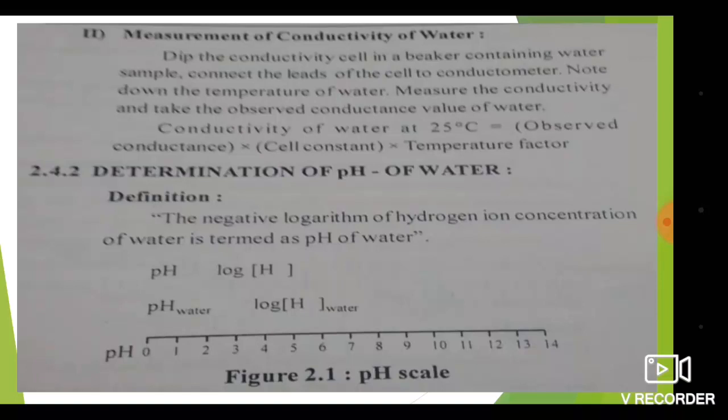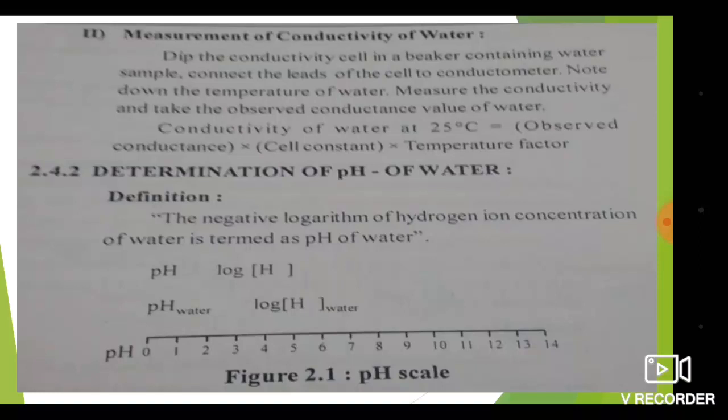Determination of pH of water is the second physical parameter. pH is the negative logarithm of the H plus ion concentration. What is the definition of pH? The negative logarithm of the hydrogen ion concentration of water is termed as the pH of water. The pH ranges from 0 to 14.